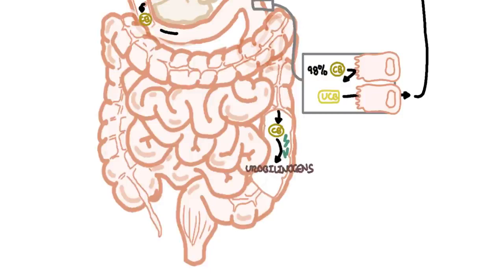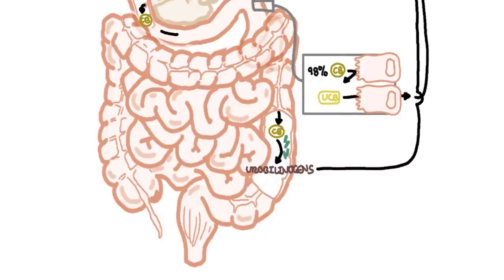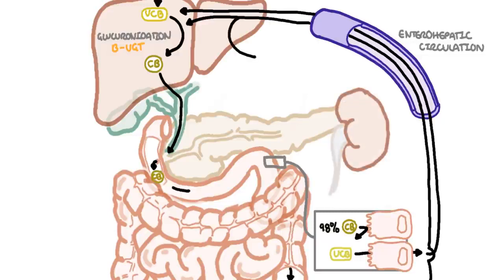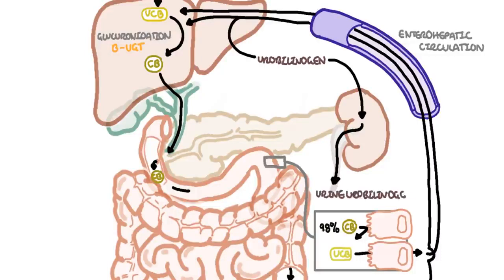Urobilinogens are partly absorbed in the bowel and undergo again enterohepatic circulation, where the urobilinogen will enter the liver to get processed again. Now, the fraction that is actually not cleared by the liver will enter the general circulation and is partly excreted in urine. Urobilinogen gives urine its yellow color.